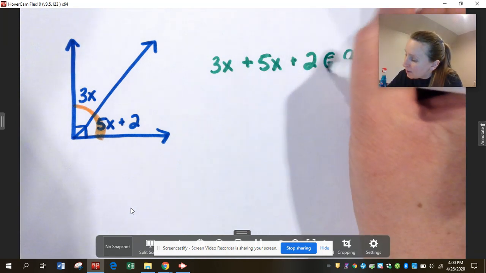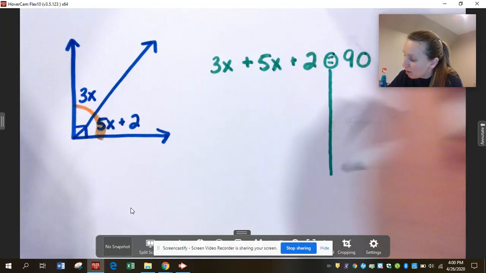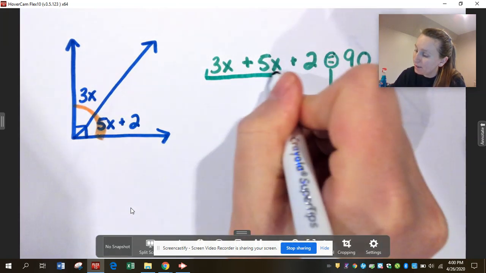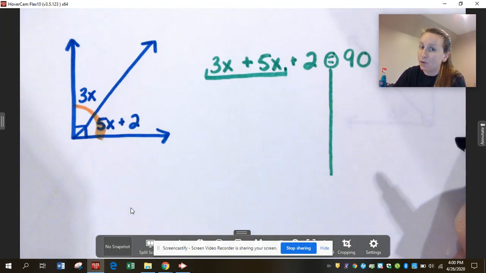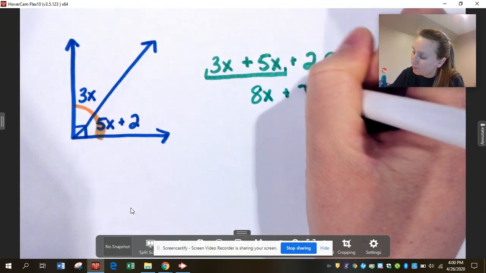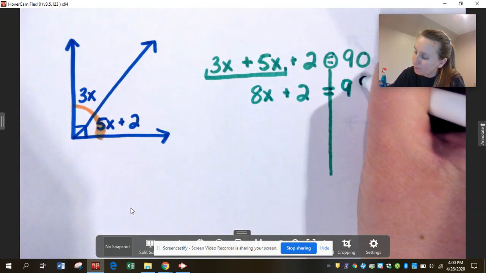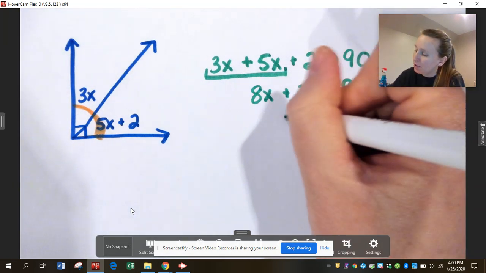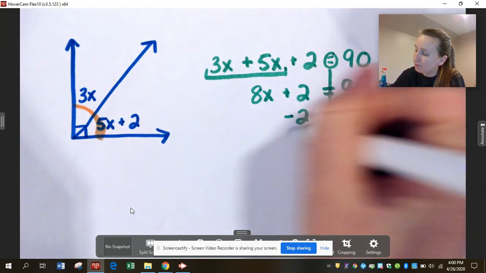So at this point, it just turns into solving an equation. So the first thing I need to do is combine these two together. So 5x plus 3x is 8x. The next thing I want to do is subtract my 2 on both sides.